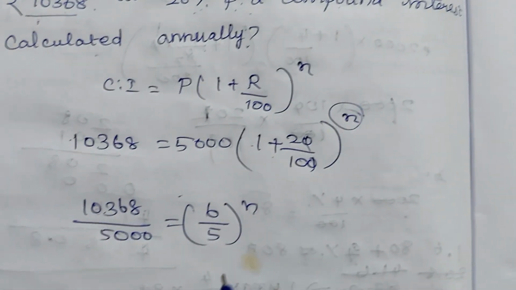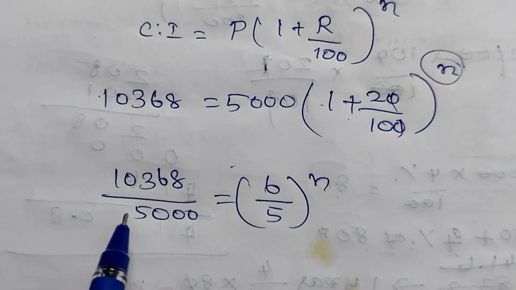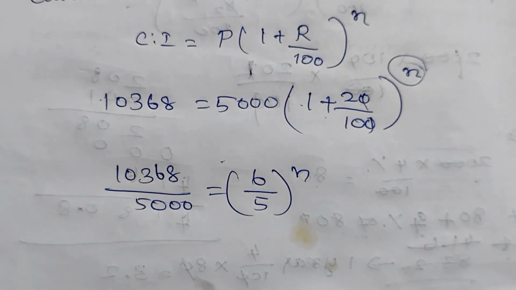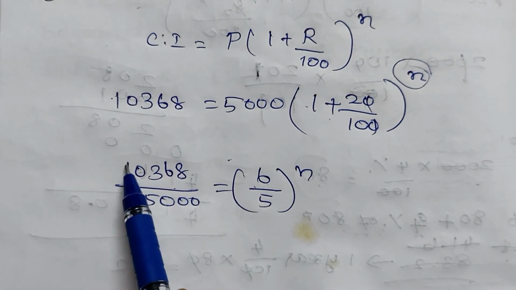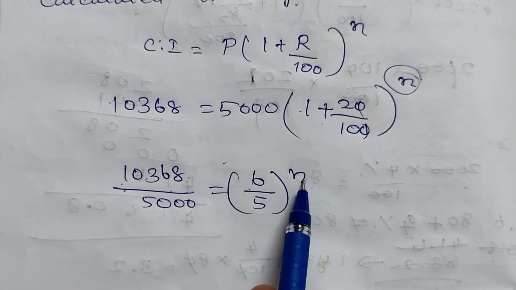Next, you have to bring the left side to the 6 by 5 form. Then only we can find the year.